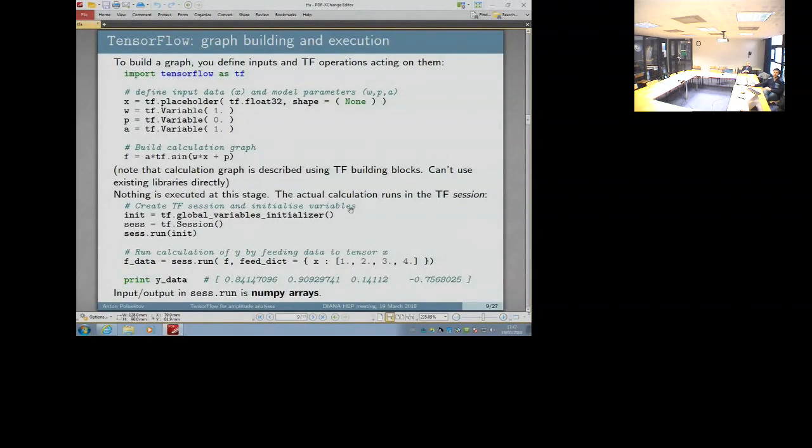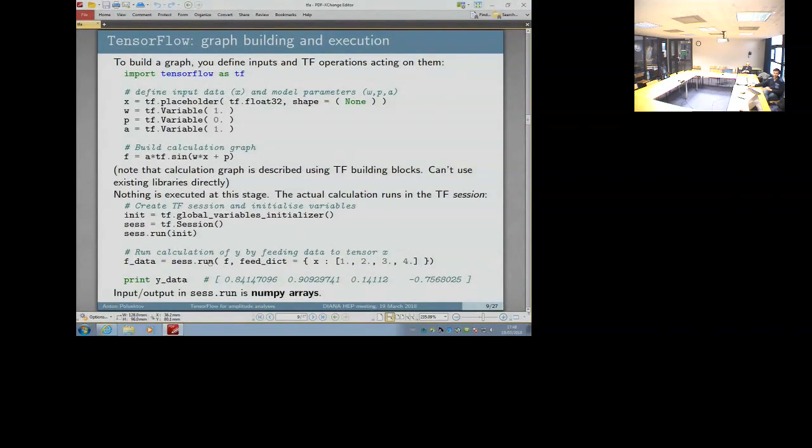Now, you start to execute things when you create a TensorFlow session like this. It initializes the variables, and then inside this session.run, you actually do the calculation.